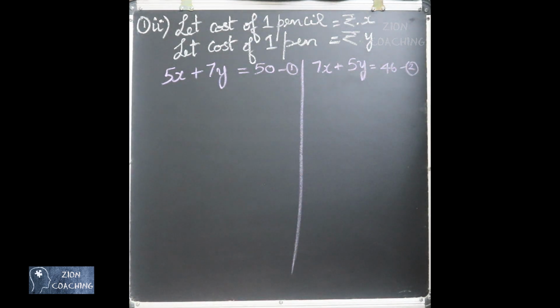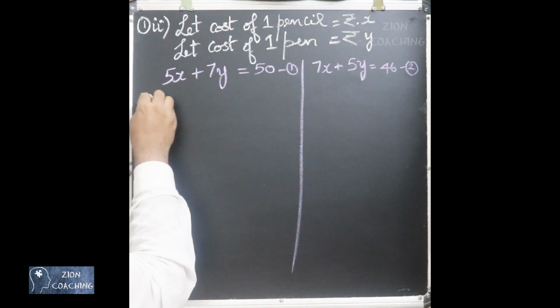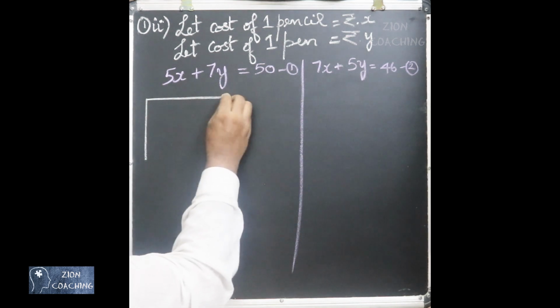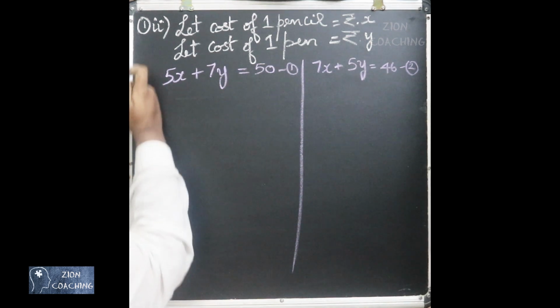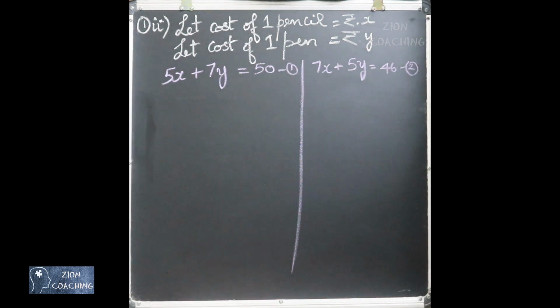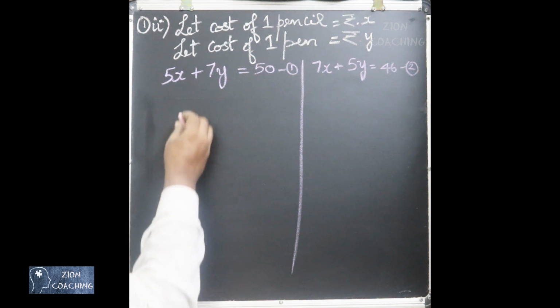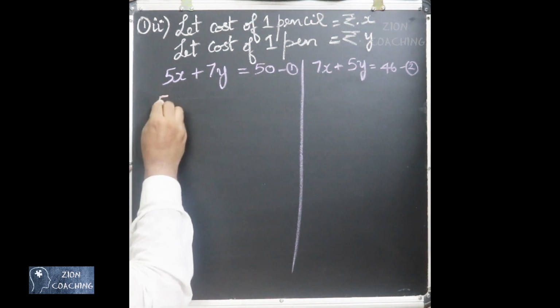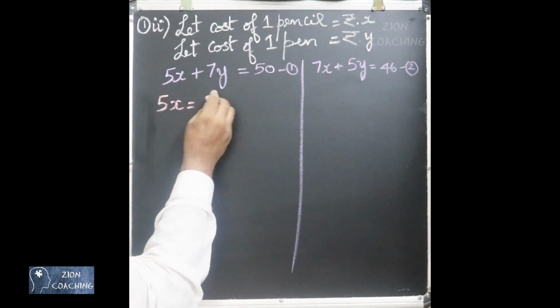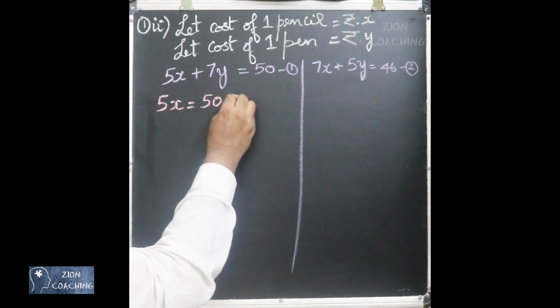Now we are going to find the coordinates to represent these equations graphically. First we will find the relationship between X and Y. Either you can give values for X and find value of Y, or give values for Y and find values of X. Now you know that 5X is equal to 50 minus 7Y.